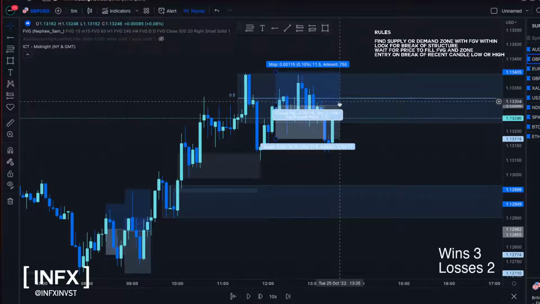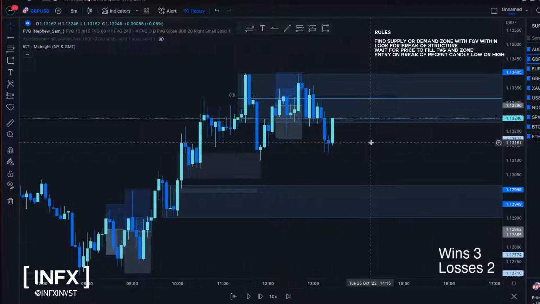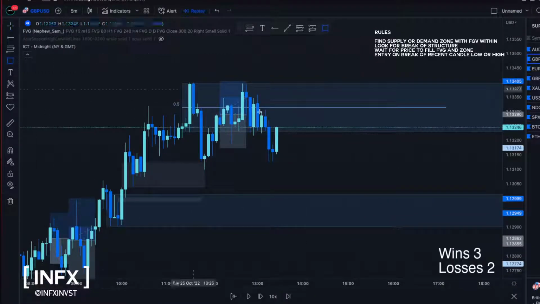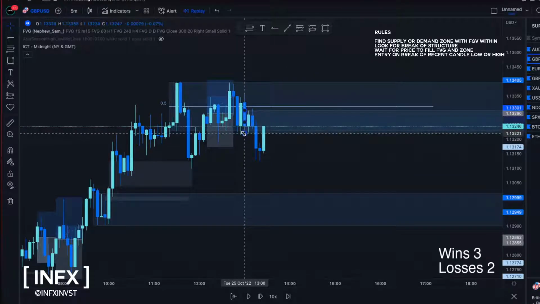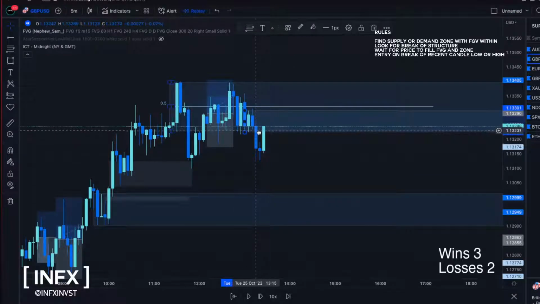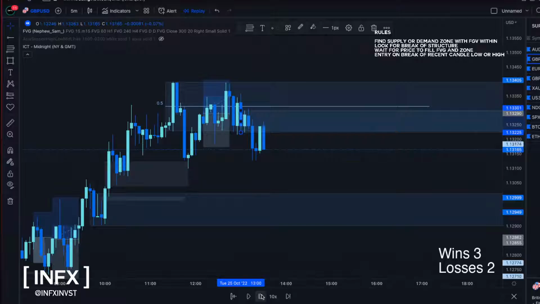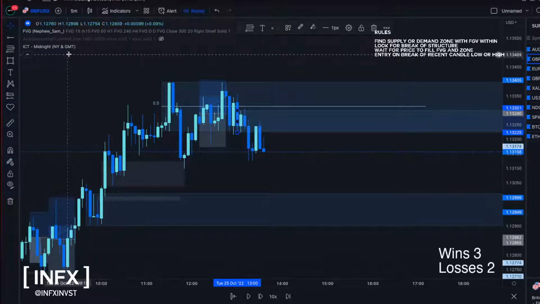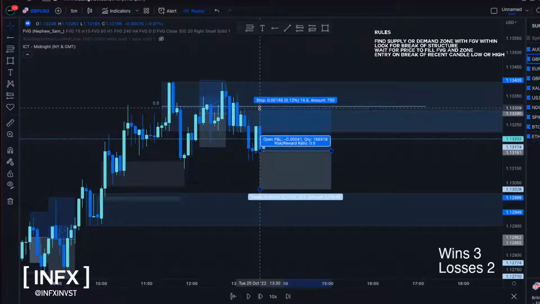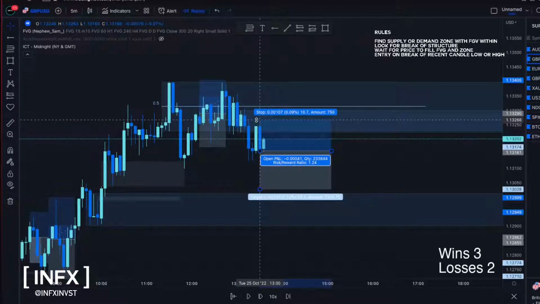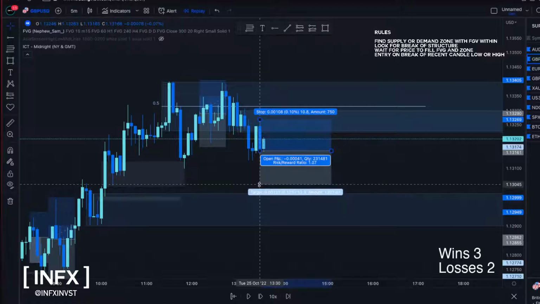We do actually have another setup coming right here. Potential setup. All right, so we've got a zone here. Top of the FVG is just in there. So let's see if we can get a reaction. We did. Technically that's an entry. Let's go stop above here.